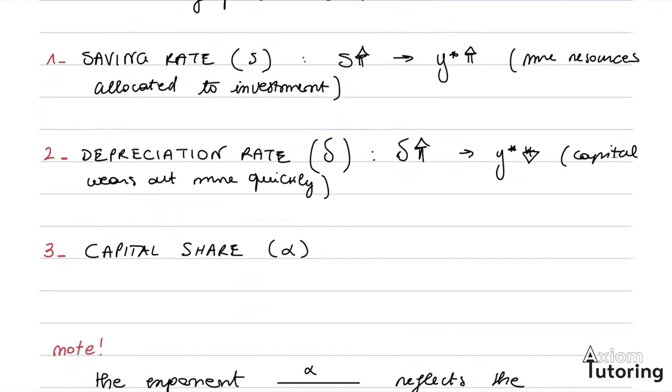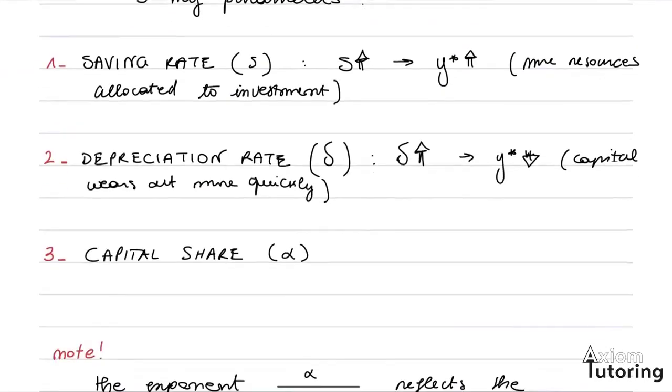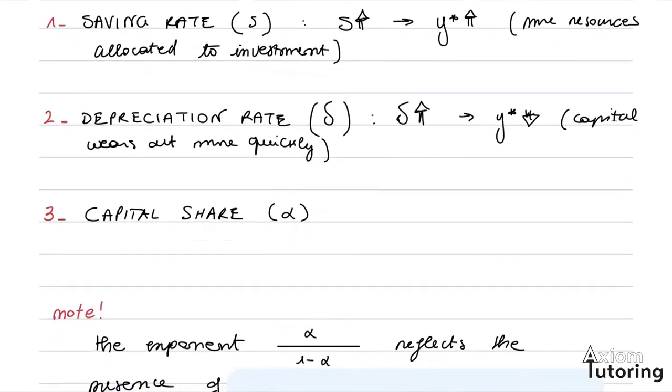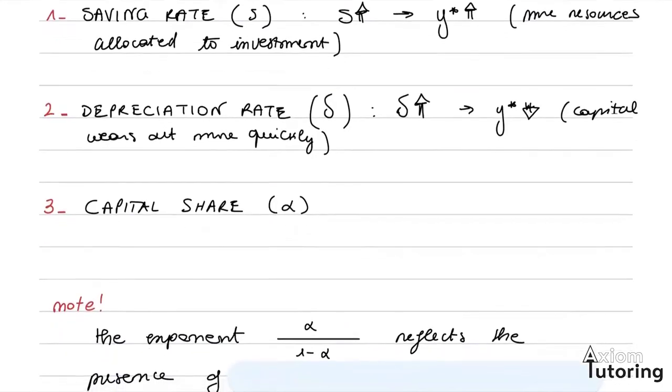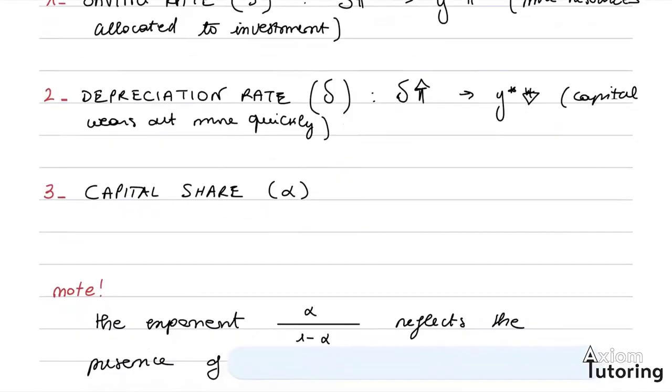And then the last parameter that we are interested in is the capital share, this alpha that appears in the power of our equation. The capital share in general determines how strongly output responds to increases in capital.